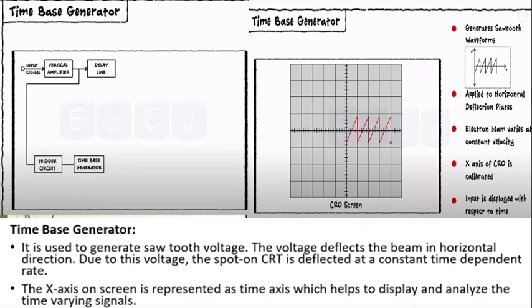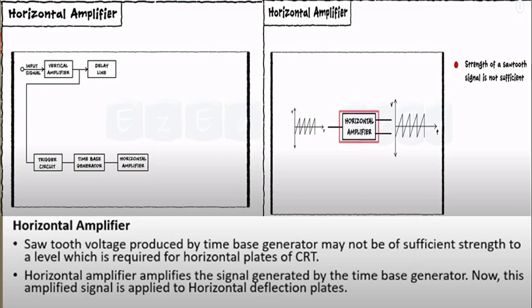So the next block is the horizontal amplifier. The strength of the sawtooth signal available at the output of the time base generator is not sufficient, and thus before applying it to the horizontal plate, the signal is amplified using a horizontal amplifier.